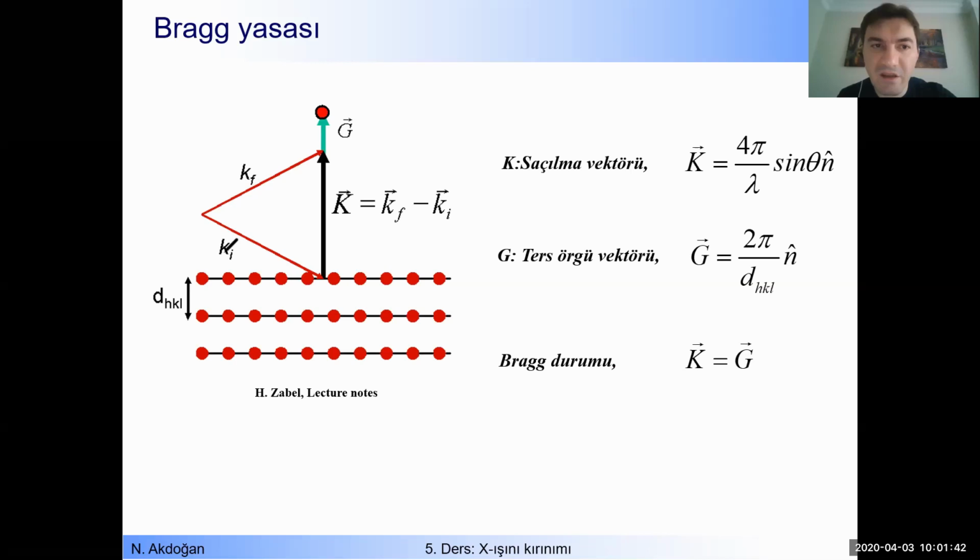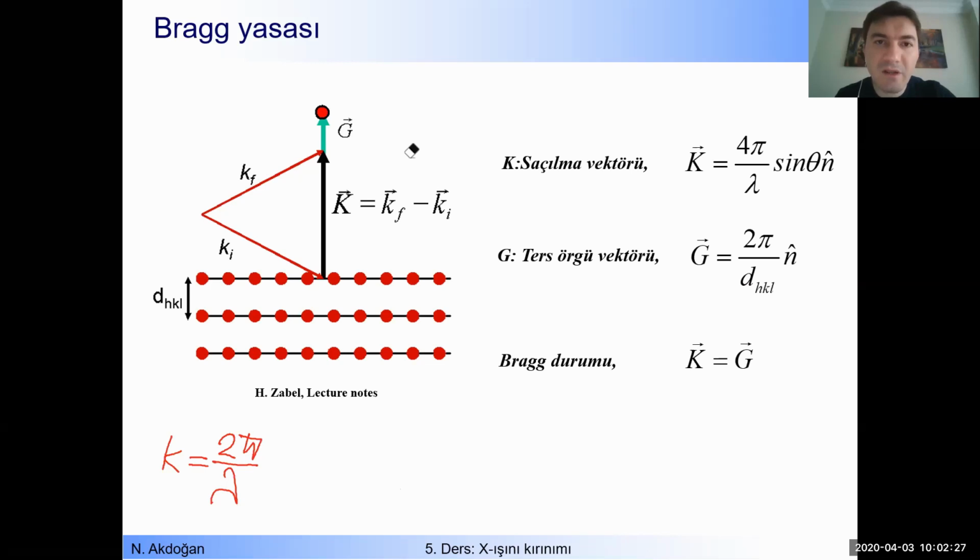This is the K initial, and then it is reflected with the same angle. Just consider this is the K final, okay? So this K here is given by the scattering vector. And how to calculate this K? This K initial, maybe you remember, is given by 2 pi over lambda.